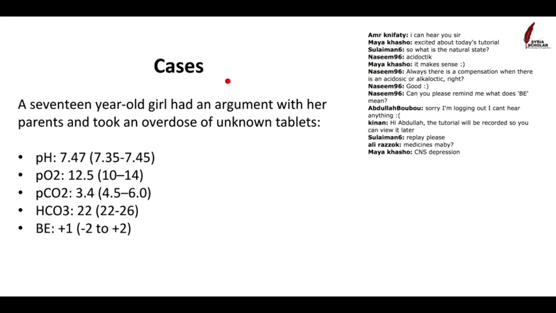Next, this is a 17-year-old girl who's come into the accident and emergency department. She's had an argument with her parents, and she took an overdose of an unknown tablet. Again, working through the system, is this patient acidotic or are they alkalotic? Good, she's alkalotic, the pH is high. Is the pH explained by the CO2 level?